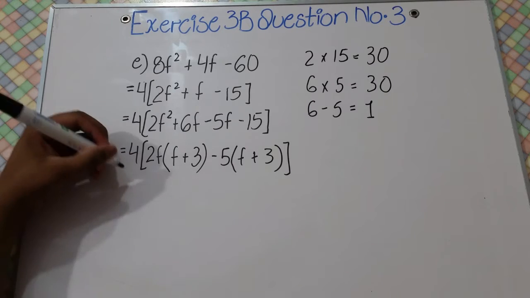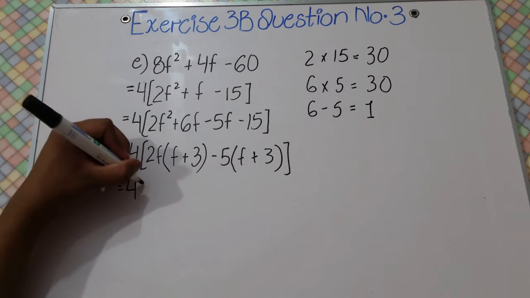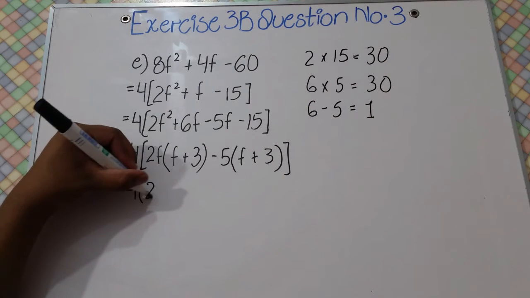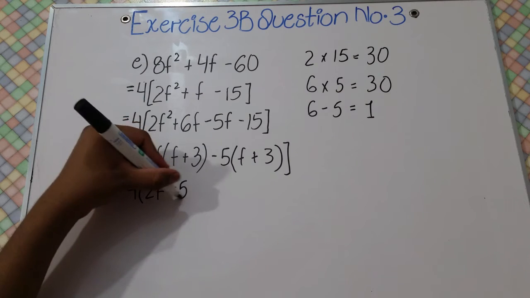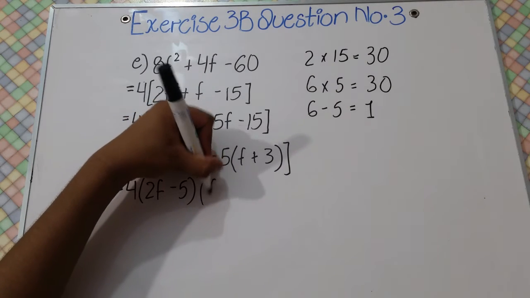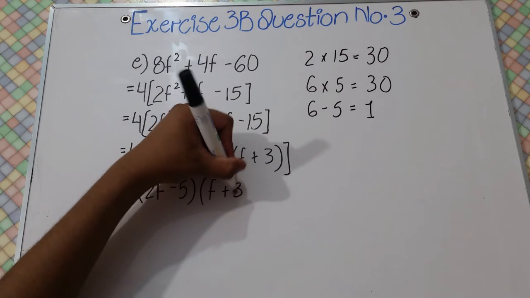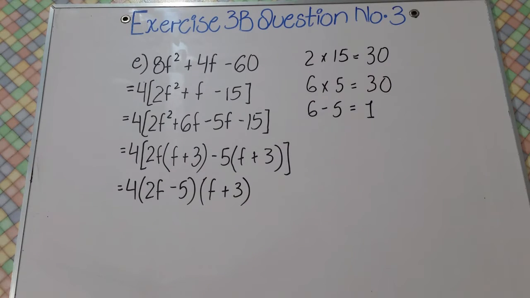Okay, so these two brackets are the same, means we are correct. So one time I'm going to write 2f minus 5 and one time f plus 3. So this was part E.